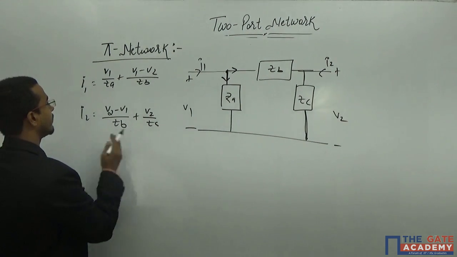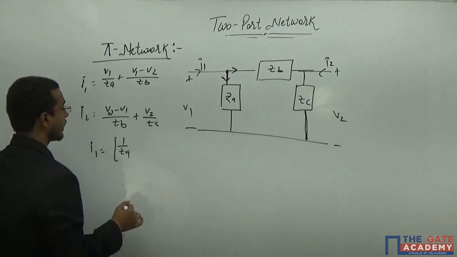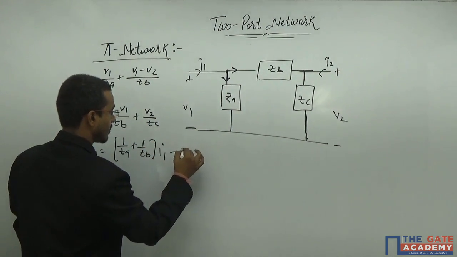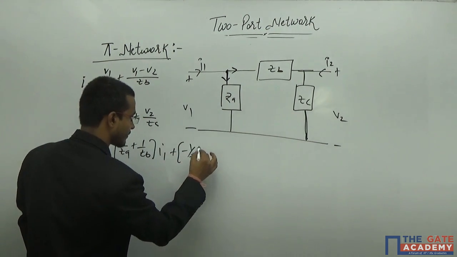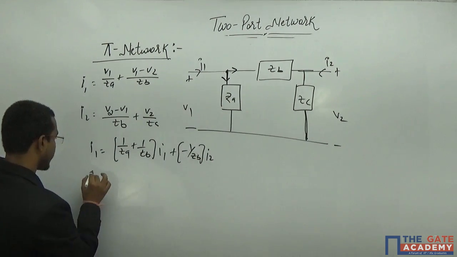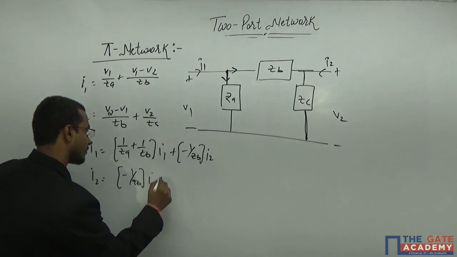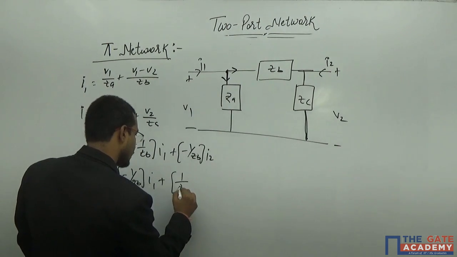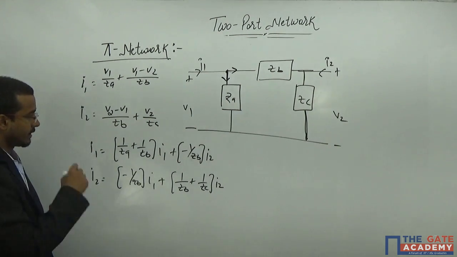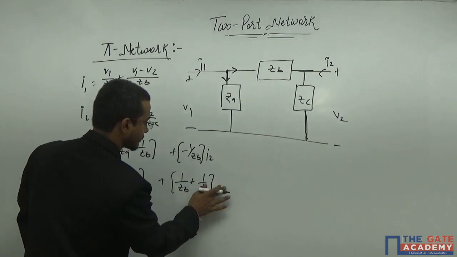Whenever you separate the V1 and V2 terms, you will get I1 is equal to (1 upon ZA plus 1 upon ZB) V1 minus 1 upon ZB V2. And I2 is equal to minus 1 upon ZB V1 plus (1 upon ZB plus 1 upon ZC) V2. Sorry, it is not I1 and I2, it is V1 and V2.